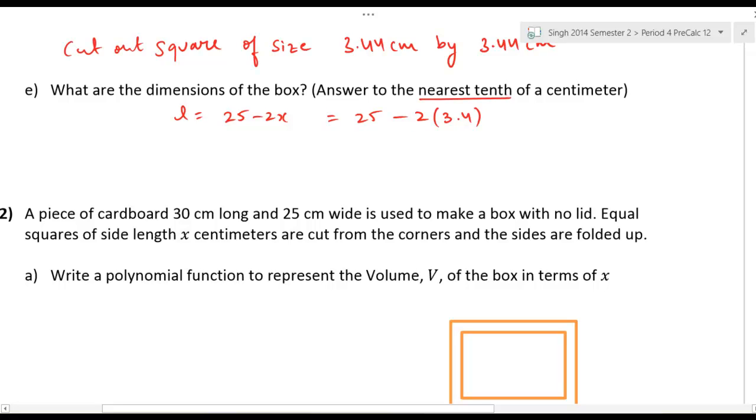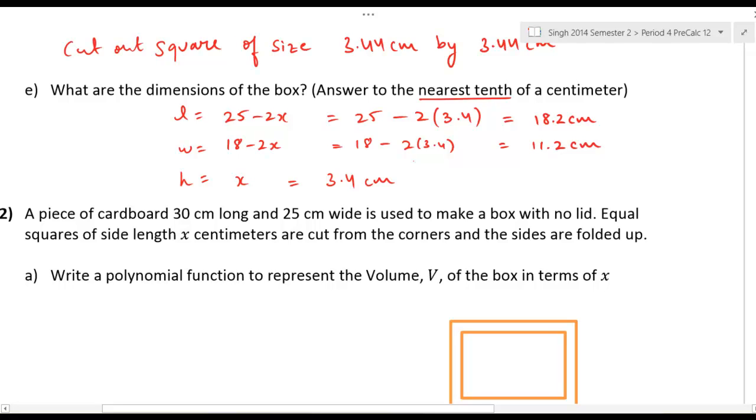I'm rounding to the nearest tenth, so that's why I'll keep 1 decimal place, which will end up giving me 18.2 centimeters. The width is 18 minus 2x, 18 minus 2 times 3.4, which works out to 11.2 centimeters. And lastly, the height was simply x, which works out to 3.4 centimeters.